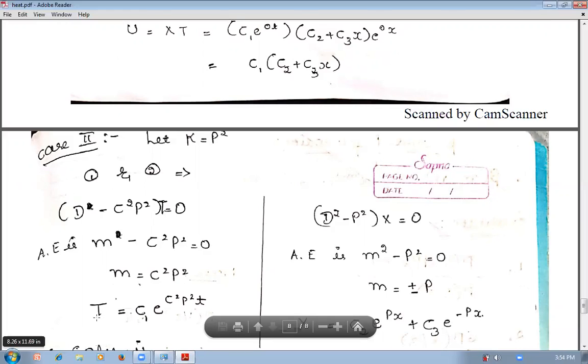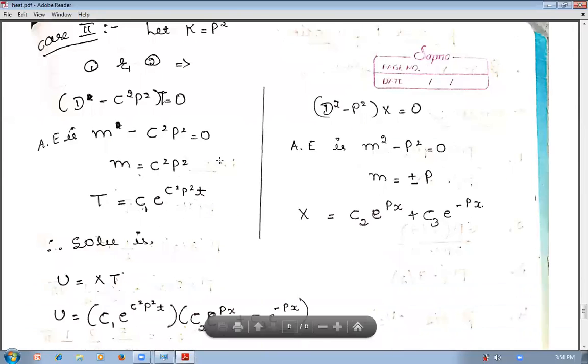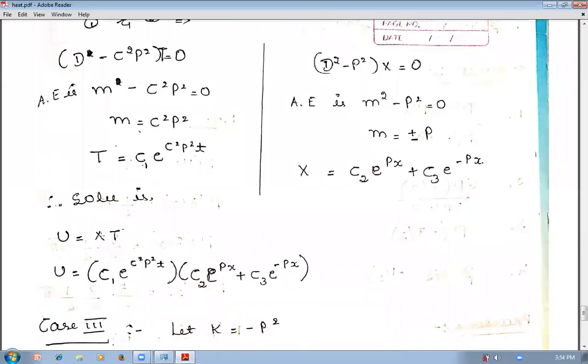So the solution will be T = C1 e^(c²p²t) and X = C2 e^(px) + C3 e^(-px), because the auxiliary equation is m² - p² = 0. If we solve this equation, we obtain two roots. The two roots are real and different. So the solution is u = X·T or T·X. Both are the same here.